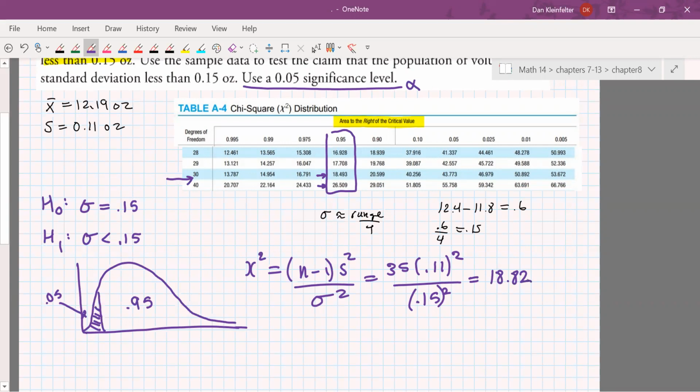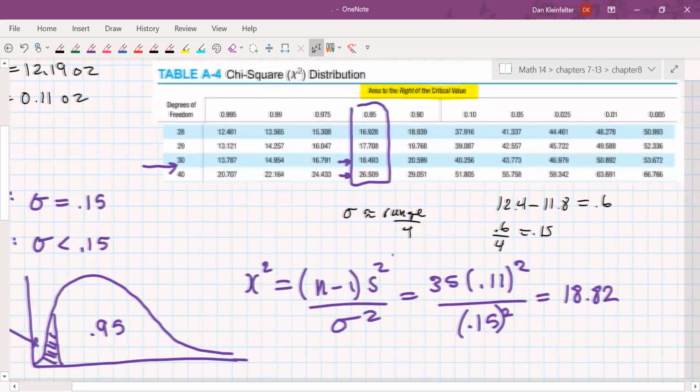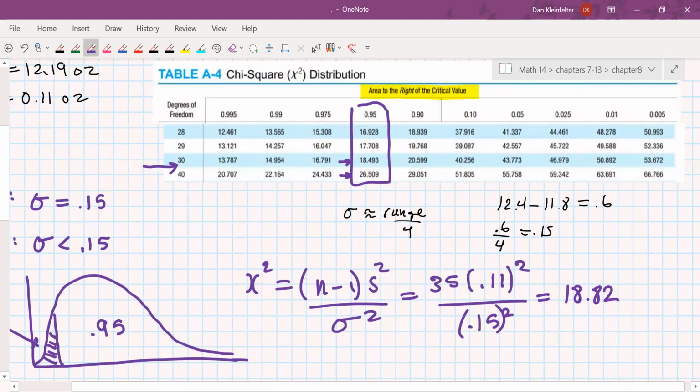Taking a look at our critical values from the table, they're 18.493 and 26.509. Unfortunately, our test statistic is coming out really close to the lower of the two.